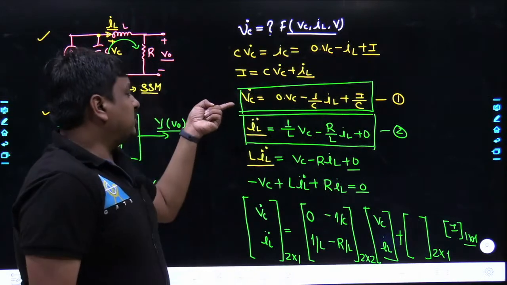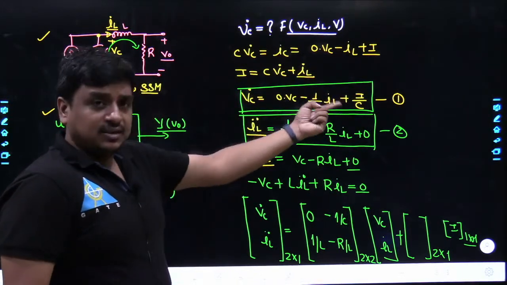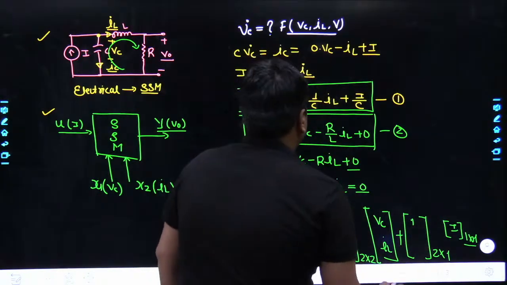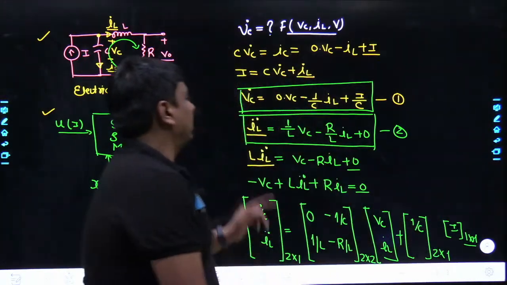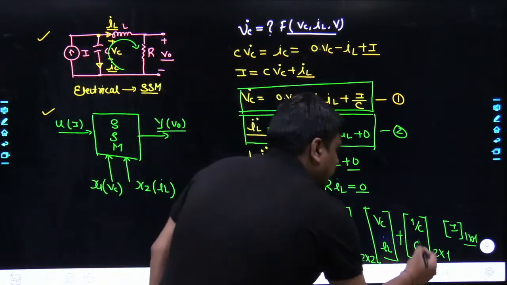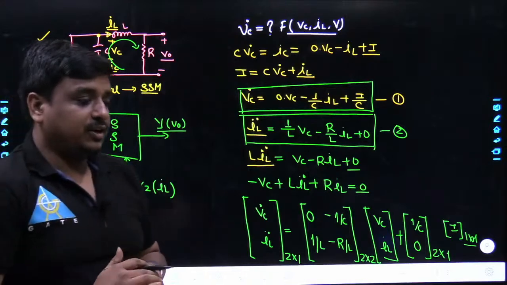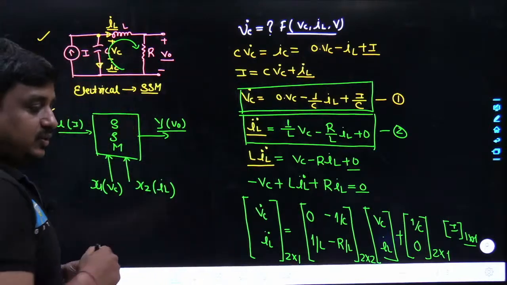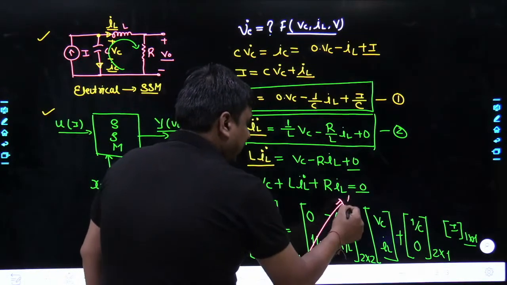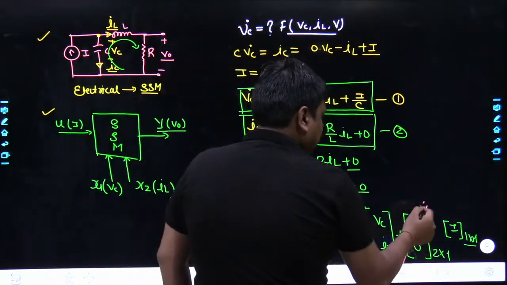If we talk about the VC dot, whether it's getting connected with the I, yes sir, it's getting connected with the I, and that is nothing but 1 upon C. And similarly, IL dot, whether it's getting connected with I, no sir, it's not getting connected. Yes, so till this point, nobody should have any doubt as such. Here goes the matrix A, here comes the matrix B.